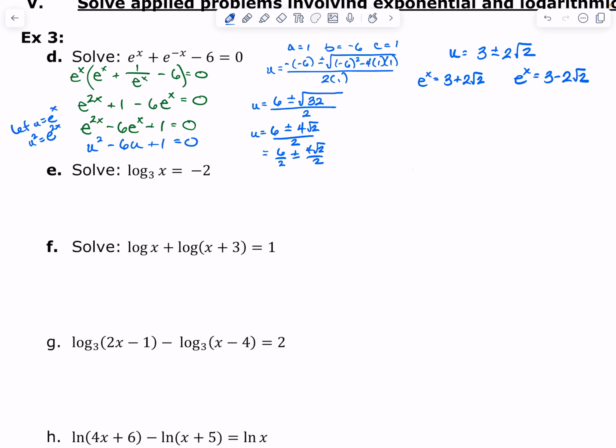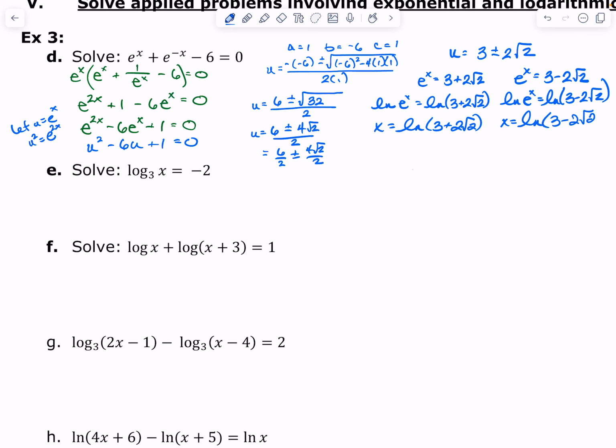Okay, so now we got to take the natural log of both sides. Natural log of e to the x is the natural log of 3 plus 2 square roots of 2. Make sure you get those parentheses in there so it's obvious what we mean here. X equals the natural log of 3 plus 2 square roots of 2, or x equals the natural log of 3 minus 2 square roots of 2.